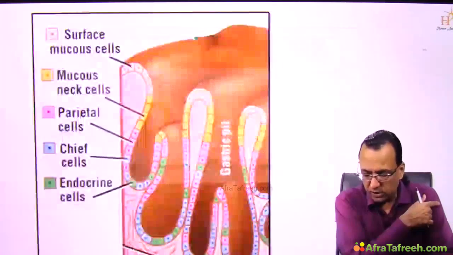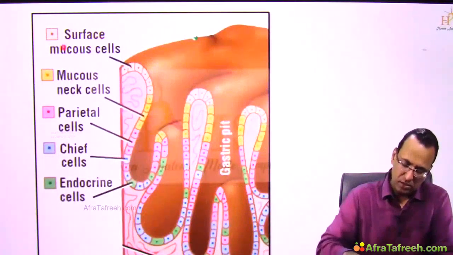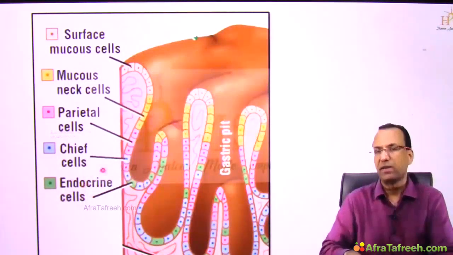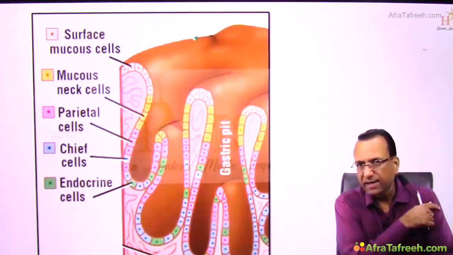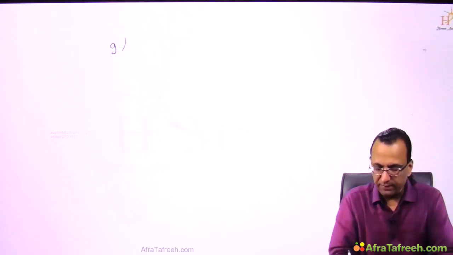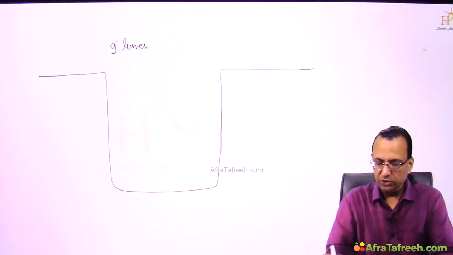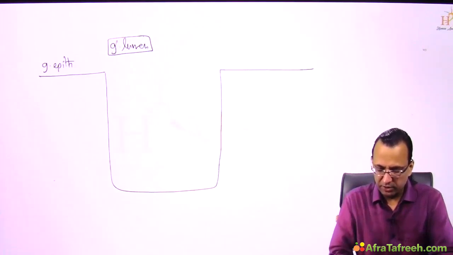Now, as you are talking about these different types of cells, which could be a surface mucous cell, a mucous neck cell, a parietal cell, a chief cell or an endocrine cell, let's make the diagram for them now. As you are making the diagram, what you show is, this is the gastric lumen, lined by some gastric epithelium making the gastric gland.